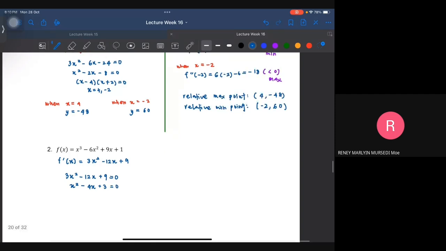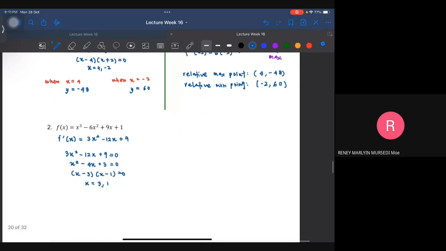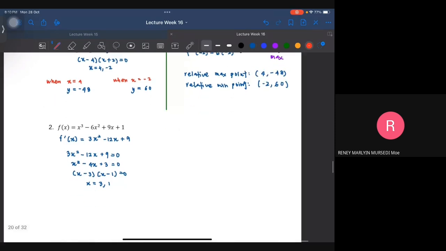Okay, settle. And then kita factorize sahaja. So we have x minus 3 dengan x minus 1 equal to 0. Okay, so x kita ada two values lah. So 3 dengan 1. Okay, settle dekat sini. Right, and then next step kita akan buat dia punya value of y pula.